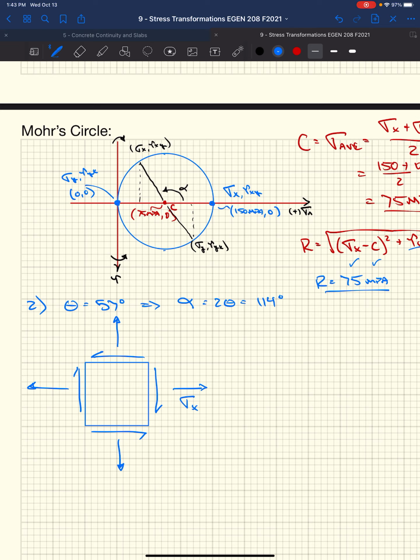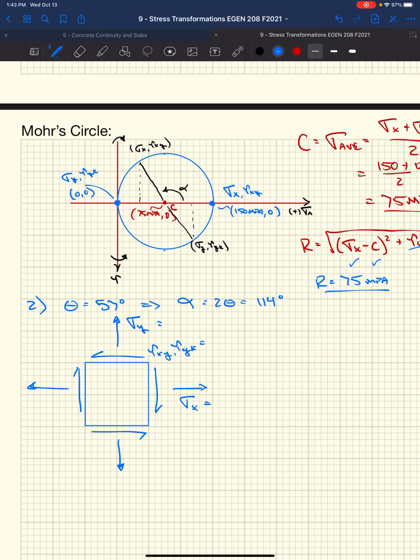We have sigma x, sigma y, tau xy, and tau yx. So to figure out where those are, we've got to figure out these points on our Mohr circle that are oriented at 114 degrees from our known stress state, okay? Our known stress state being these 2 points on our Mohr circle.